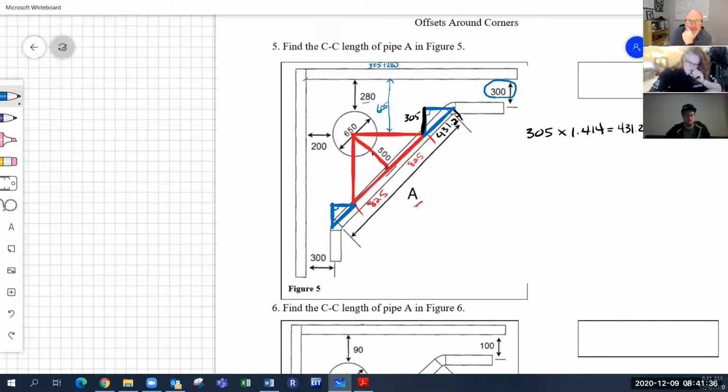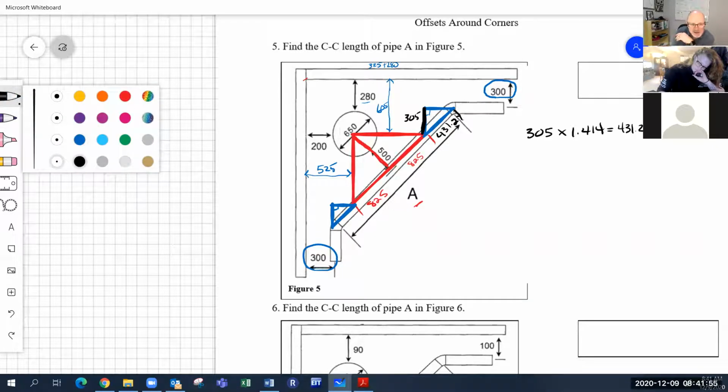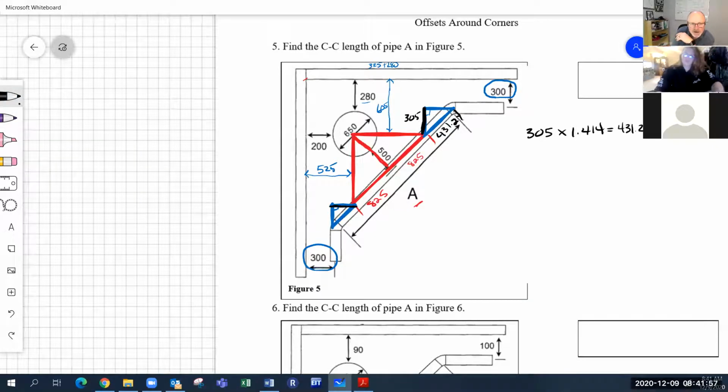And now I get the measurement from the red line to the wall. So that's 325 plus 200. So this line is 525. And if I minus off the 300 on the bottom here, that gives me that line right here at 325.